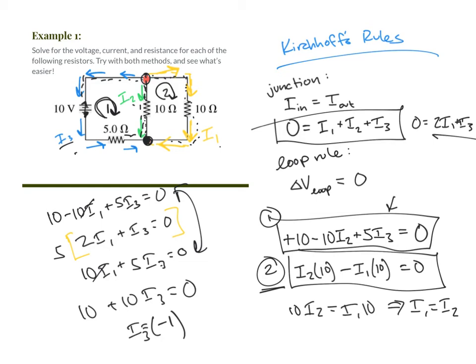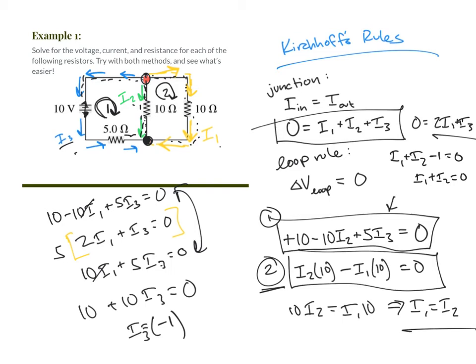So I1 and I2 are equal. I3 is -1. You can use that to figure out what I1 and I2 are. That would say I1 plus I2 minus 1 equals 0. I1 plus I2 equals 1. You know that they're equal, so each one has to be a half.